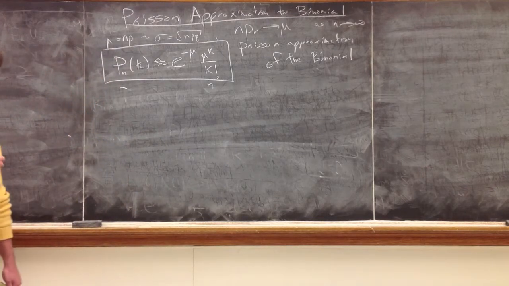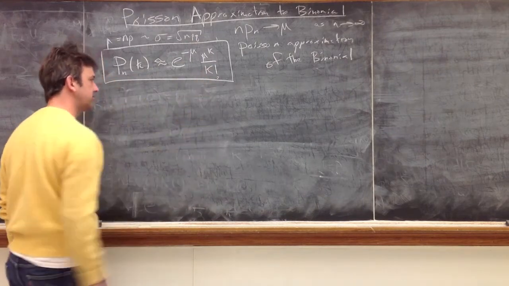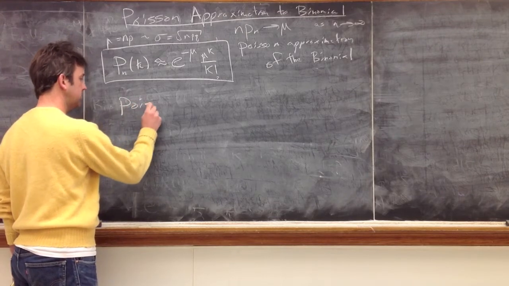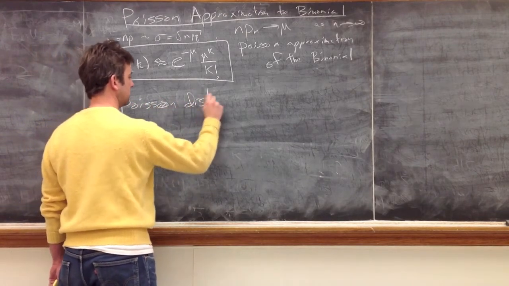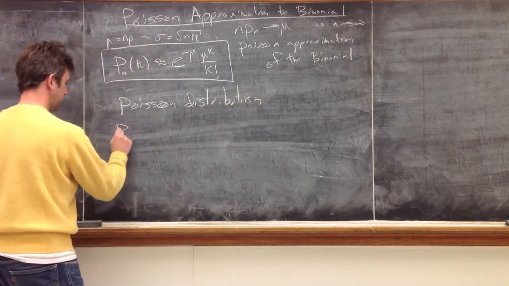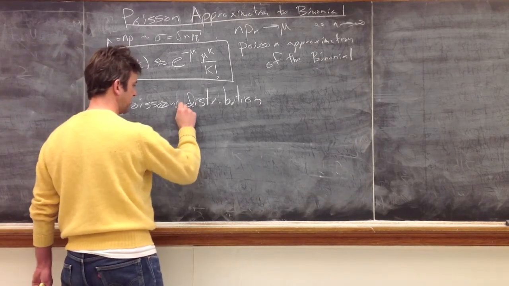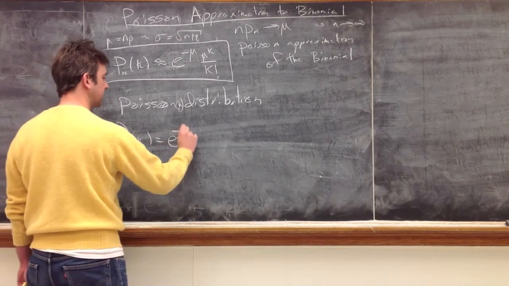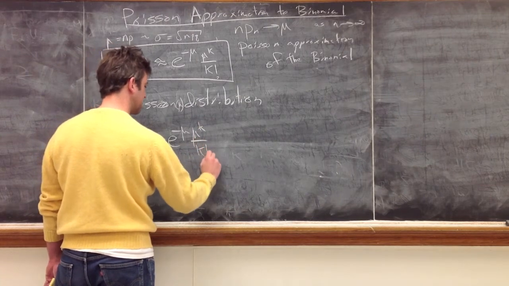One thing we'd like to just make sure is that this new approximate value actually is a probability distribution, and it is. We give it a name. It's called the Poisson distribution. And the probability under this distribution, the Poisson distribution with parameter mu, of having k is equal to e to the minus mu, mu to the k over k factorial, exactly this number we found here.